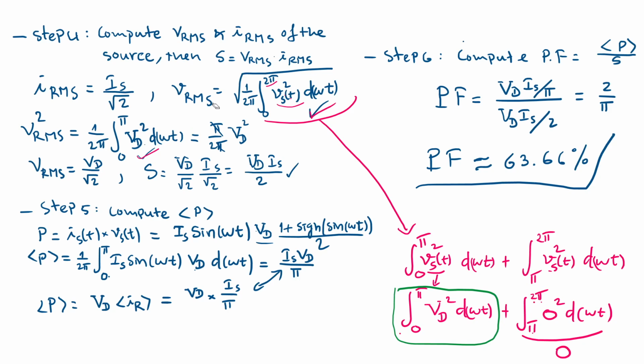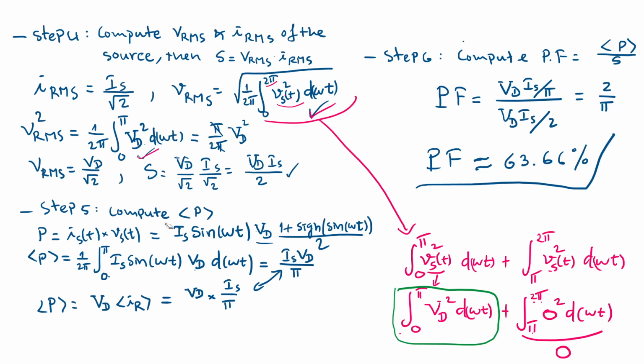And for the RMS of the source voltage, you already have the waveform, which is a square pulse. You integrate over a period of 2 pi, but it has value only from 0 to pi; this part is just 0. Finally it equals VD over the square root of 2. Then the apparent power can be computed.